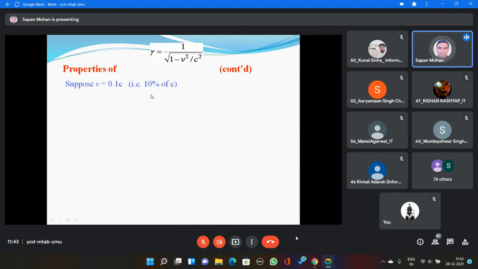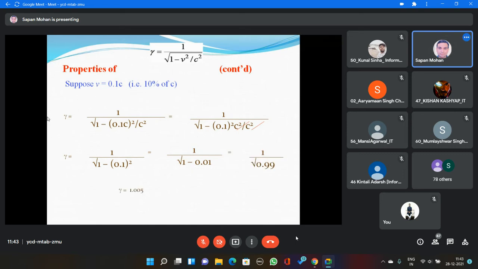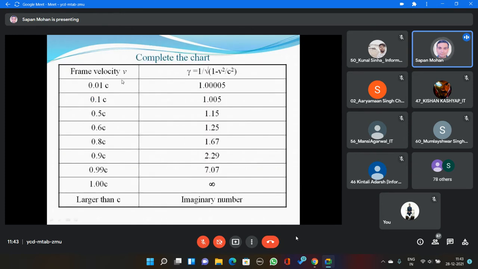Now if we take 10% of c, again we apply the same thing. Now it comes to 1.005. So it is increasing. So this is the complete chart.